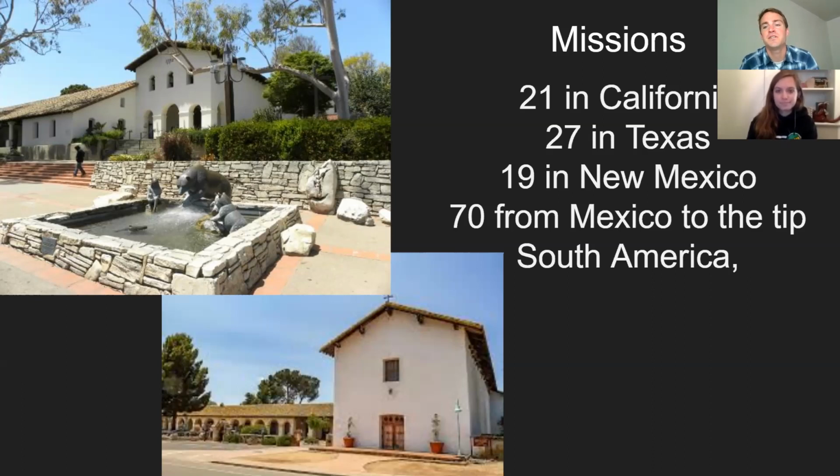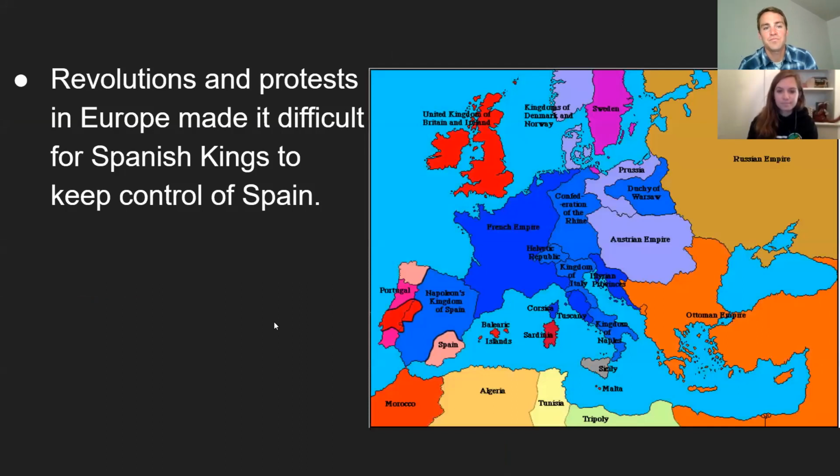But in setting up missions, Spain more or less sets up a circumstance where small communities grow around the mission and become their own independent entities that don't necessarily see themselves as part of the larger whole. So as that happens, in Spain's attempt to keep control over this huge 14,000 mile territory, there's going to be a bunch of revolutions occurring in France that then spill over into the rest of Europe.